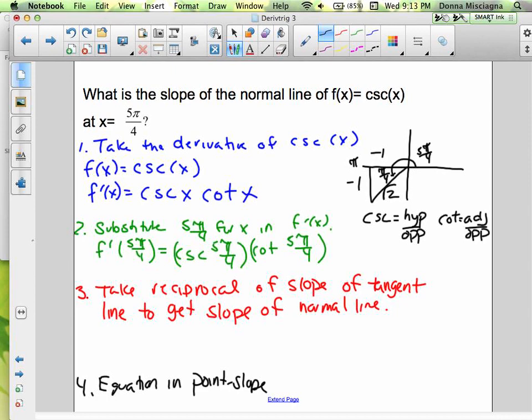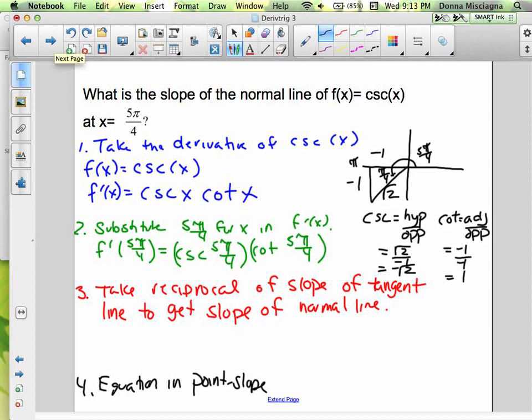So for cosecant, the hypotenuse is square root of 2 and the opposite side is -1. That's going to make that negative square root of 2. And for cotangent, adjacent and opposite are both -1, so that's just going to be 1.